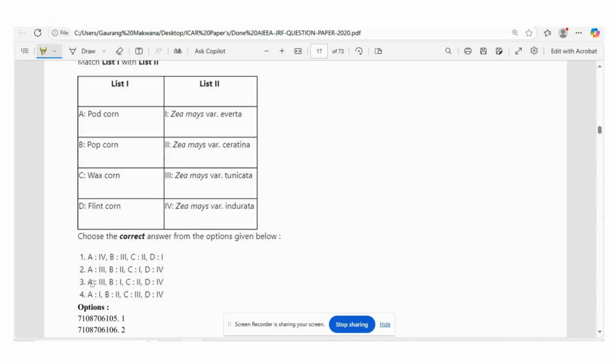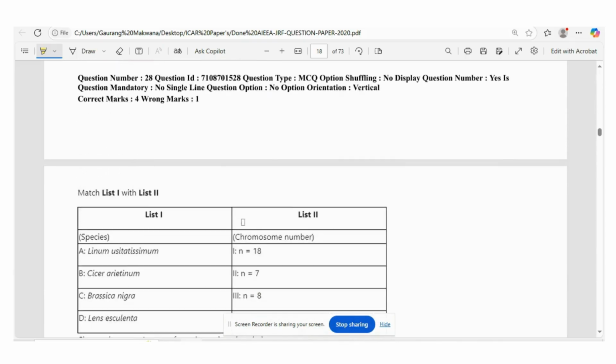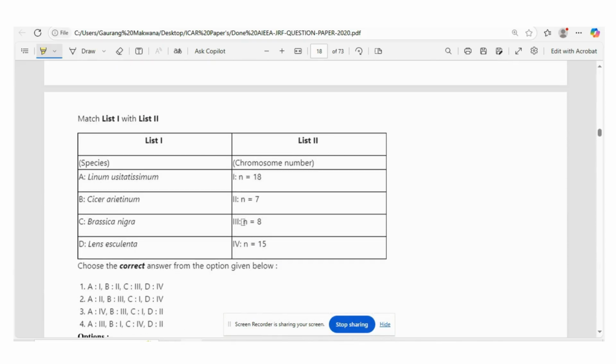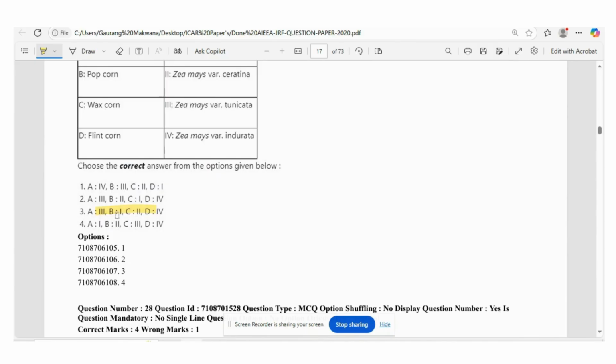So the answer is this. Then C is linked to 2. Zea mays var. indurata, or flint corn, is related to indurata. These classifications are based on genetic studies and the classification of maize races and varieties.